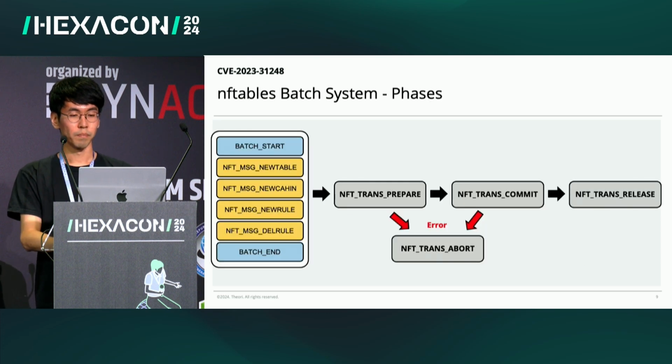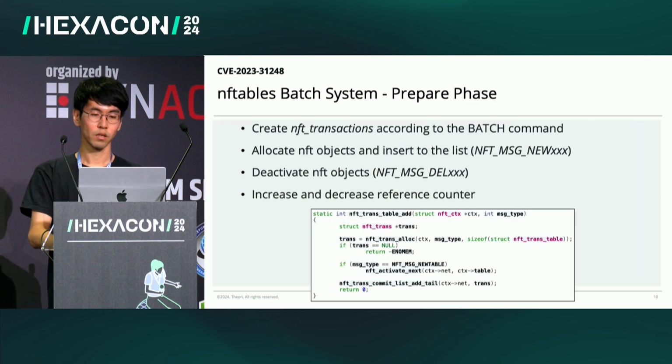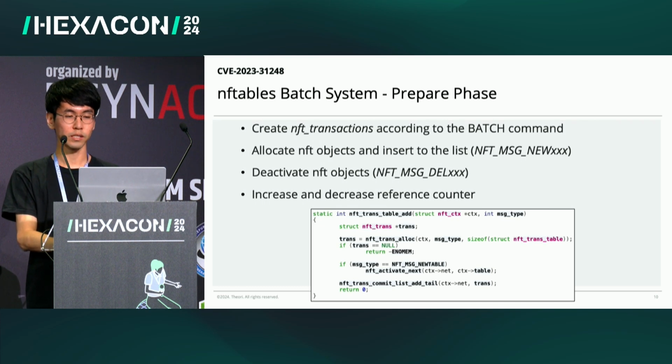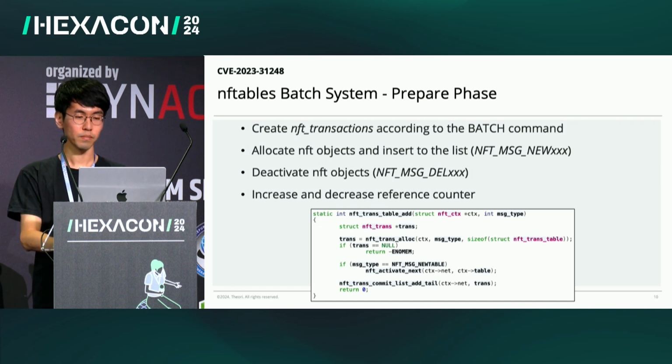In the kernel, batch commands progress through the prepare, commit, and release phases, while error handling takes place during the abort phase. In the prepare phase, NFT transactions are created based on the requested batch commands.